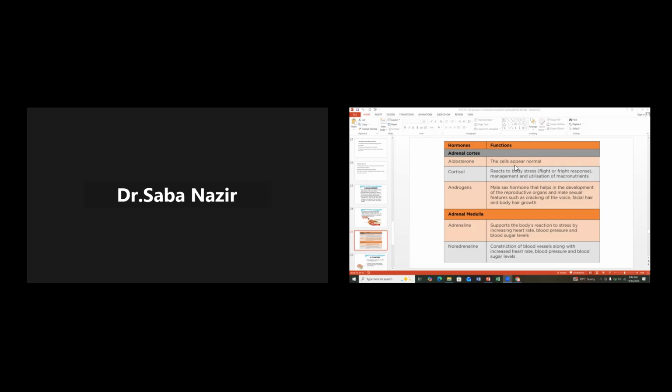It generally lets the cell appear normal in shape. Then the second one is cortisol. This cortisol is basically associated with the fight or flight responses, and it activates our parasympathetic pathway. Let's link with what we have already studied previously.